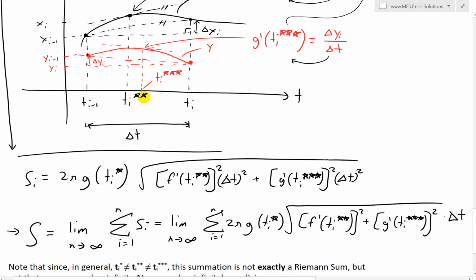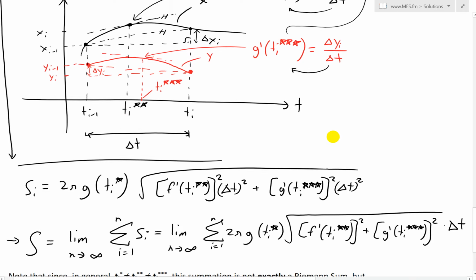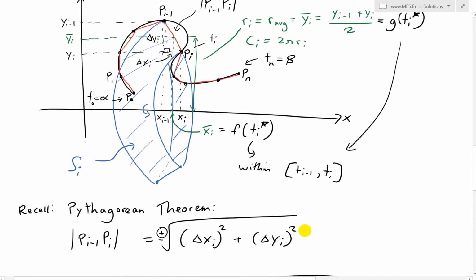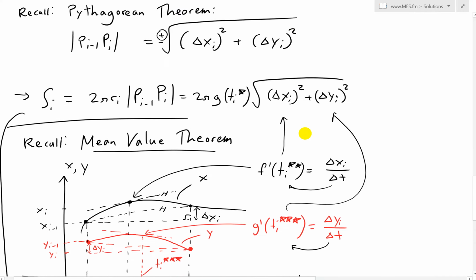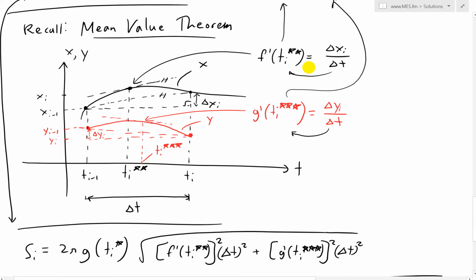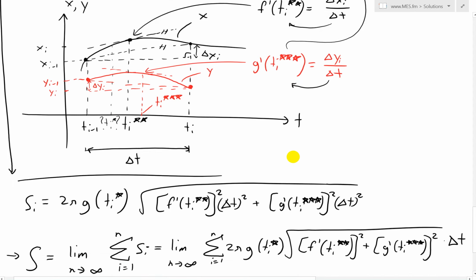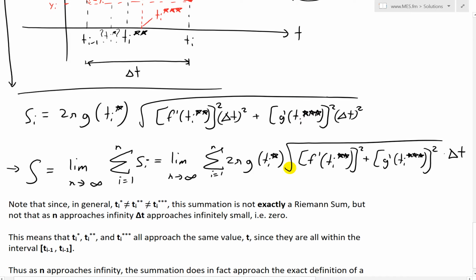So ti double star could be somewhere there, this ti triple star could be somewhere there, and likewise the ti star could be anywhere else, because that just corresponds to the average x and y points. For example, this could be the ti star. I'll put a question mark because we don't know where it is.